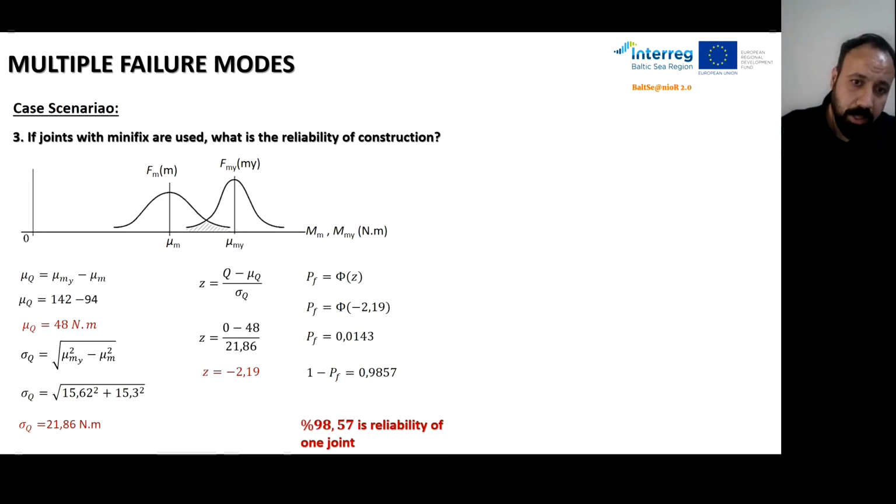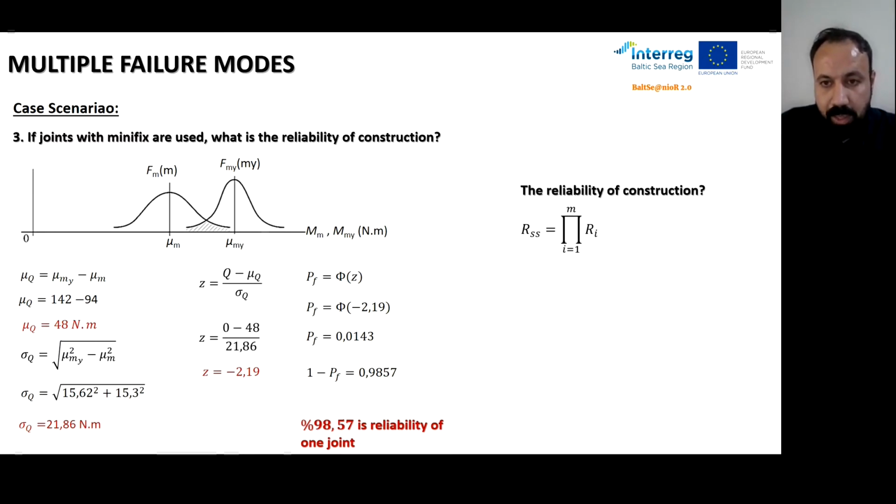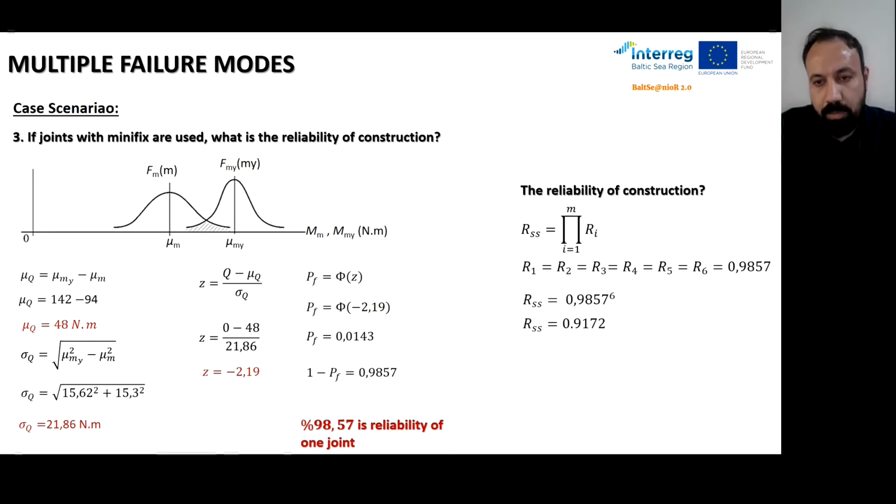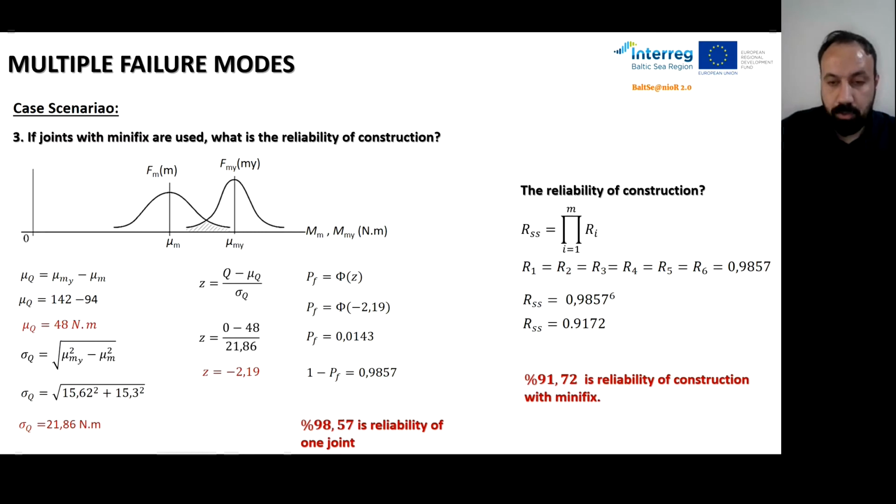Again, in every corner joint I use the same joint which I tested in the diagonal withdrawal joint test. That's why they are linked to each other in a series system. So I am using the same equation and following the same procedure, and my reliability is 91.72%.